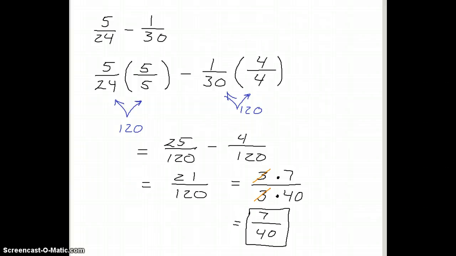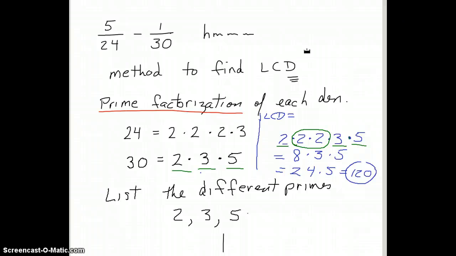Alright, so let me just recap this method because it gets used often and you'll find it in other courses as well. To find a common denominator, a least common denominator, factor both denominators in your problem.